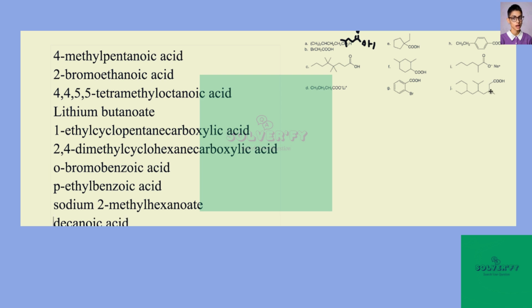On carbon 3, we have a methyl. Carbon 5, we have an isopropyl. Carbon 7, we have an ethyl. So in terms of alphabet, E is first, then P, then M. So the ethyl will come first. So we have a 7-ethyl, and then 5-isopropyl, and then 3-methyldecanoic acid.